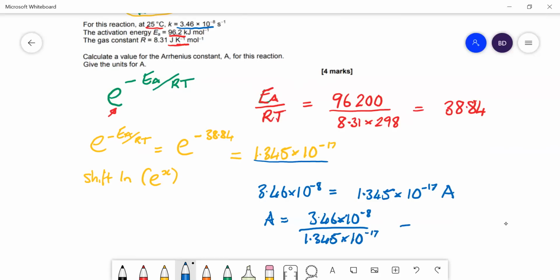And that gives us a pretty big number, 2.57 times 10 to the 9.